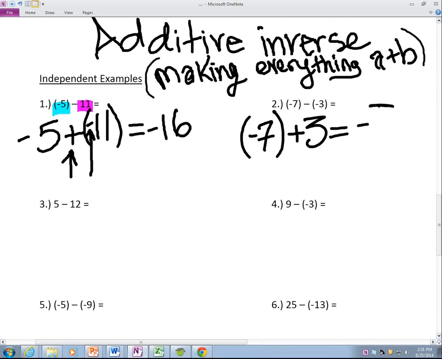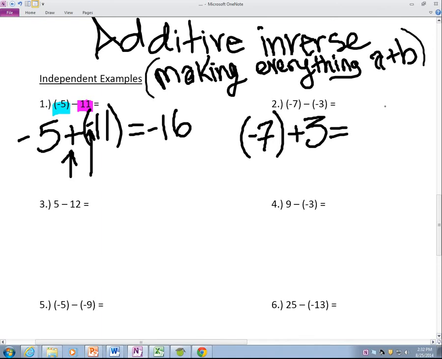So which one of these two, or is this sum going to be positive or negative? Give me thumbs up if you think it's positive, thumbs down if you think it's going to be negative. We're still on number 2. I agree with you. I don't think anybody said positive, which is good.